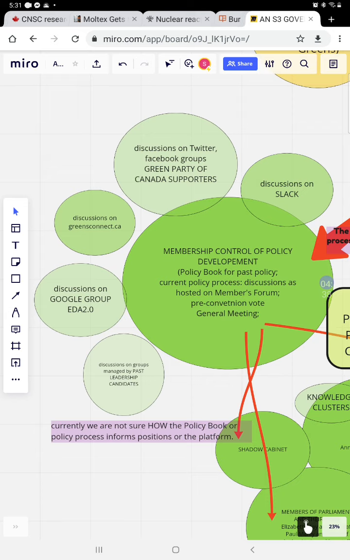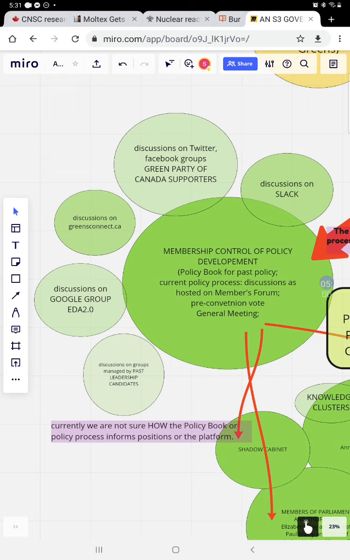And I am sure that there are Twitter and other Facebook groups. I don't know, maybe there's something going on Instagram. So there is discussion going on around how we generate policy and what our policies should be. There's also a website called greensconnect.ca, which I think is in the process of becoming a formalized part of the Green Party of Canada.